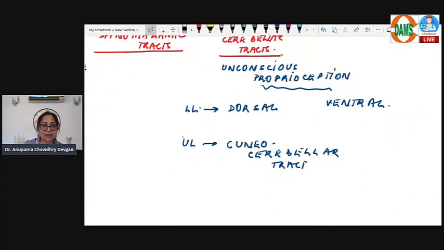So you have a dorsal spinocerebellar tract and the ventral spinocerebellar tract. This is from the lower limbs. From the upper limb, you've got the cuneo-cerebellar tract and the rostral spinocerebellar tract.